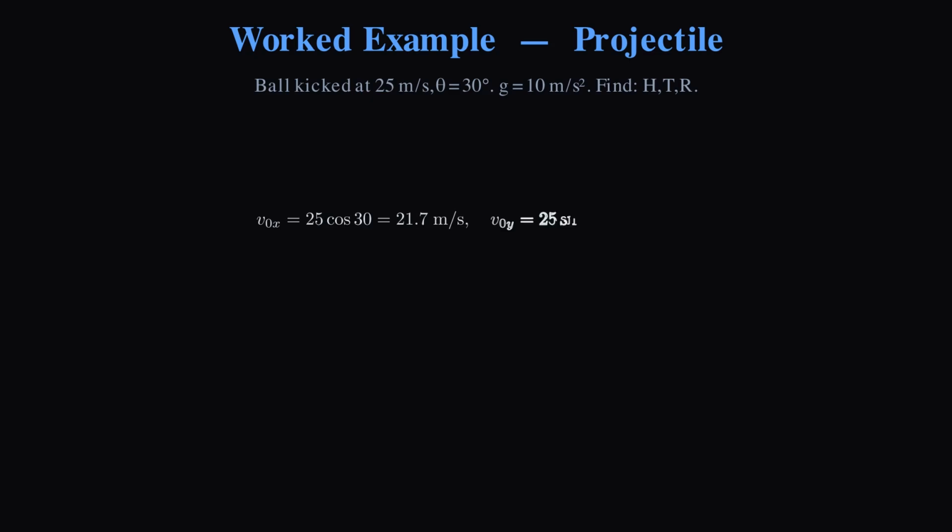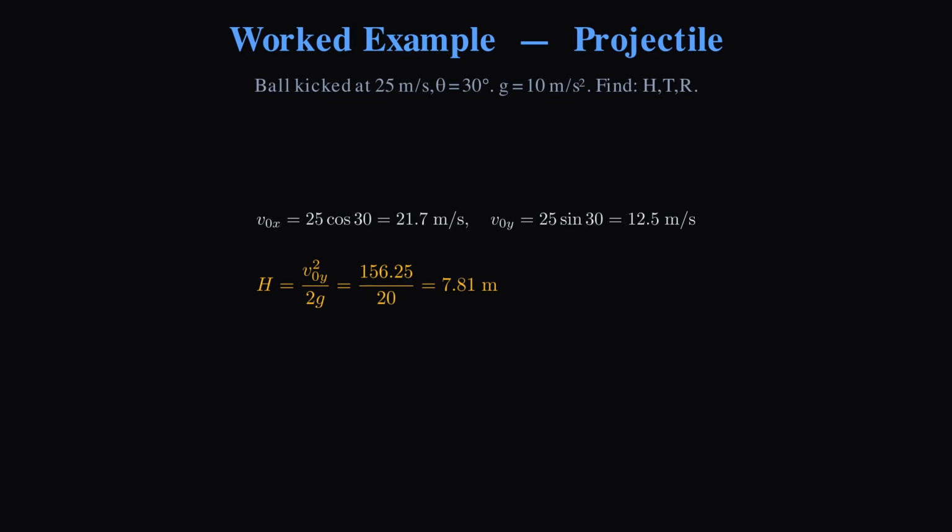2 common errors in projectile motion problems deserve explicit attention. First, using the total initial speed instead of a component. If a ball is launched at 20 meters per second at 60 degrees, its horizontal component is 20 cosine 60 equals 10 meters per second, and its vertical component is 20 sine 60 equals 17.3 meters per second.